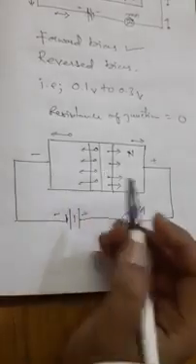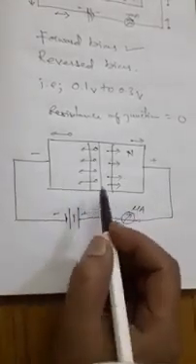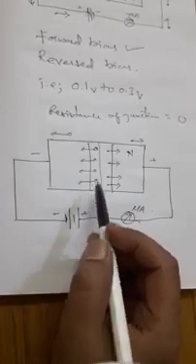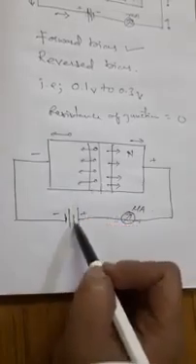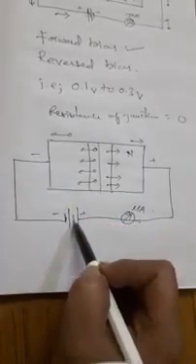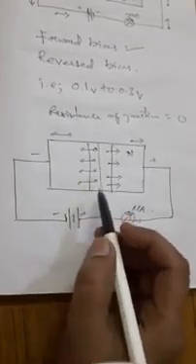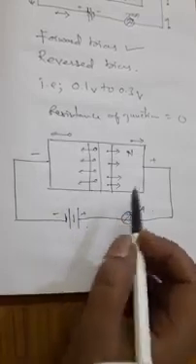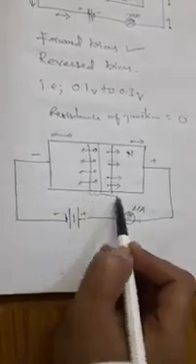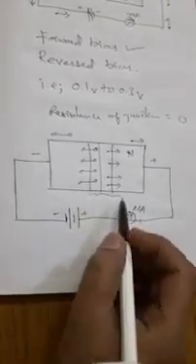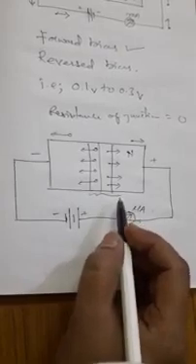Next, for the reverse bias, what is reverse bias? When an external voltage is applied to the PN junction in such a direction that the potential barrier is increased, then it is called the reverse bias.